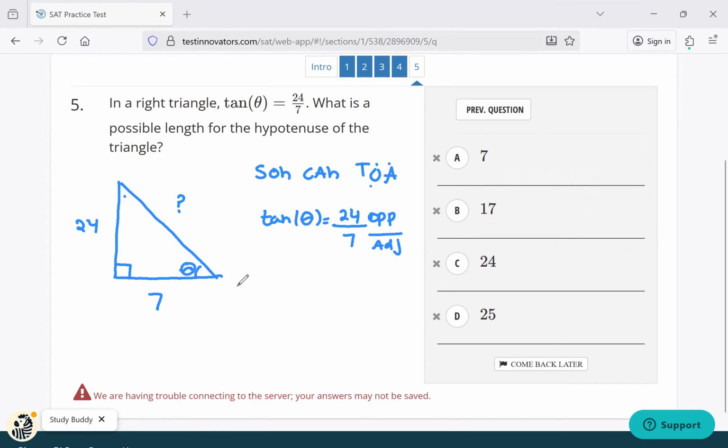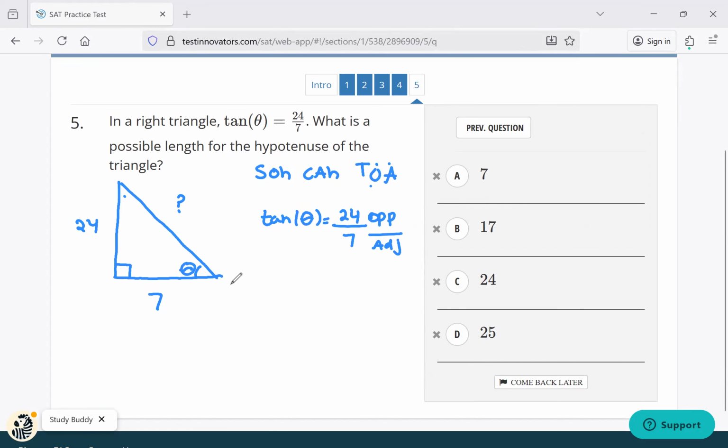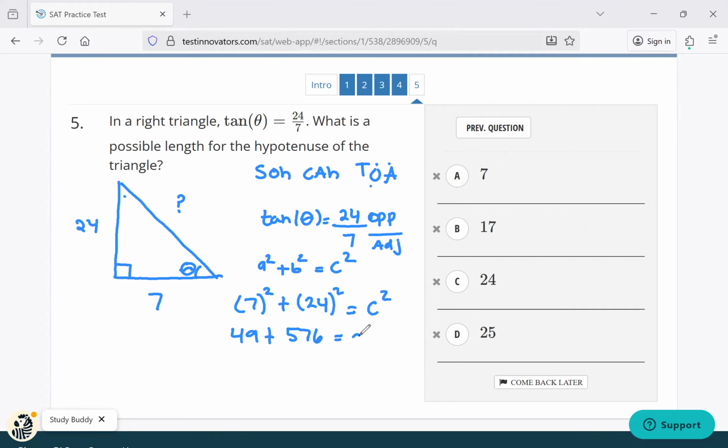So to find the hypotenuse, all you have to do is the Pythagorean theorem, right? a squared plus b squared equals c squared. One of my legs is 7, and my other leg is 24. So 7 squared is 49, 24 squared is 576, equals c squared.